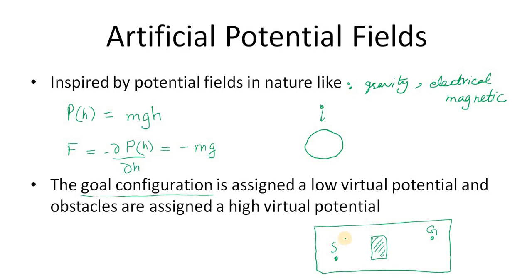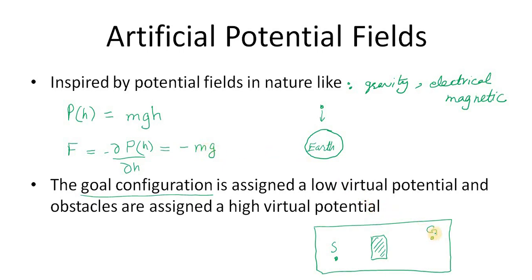So we model it using mathematical equations, and here we say that the goal has an attractive force which attracts the robot toward it. Similarly, the Earth has a potential field, and in this field any object will be attracted toward the Earth with a force minus mg.